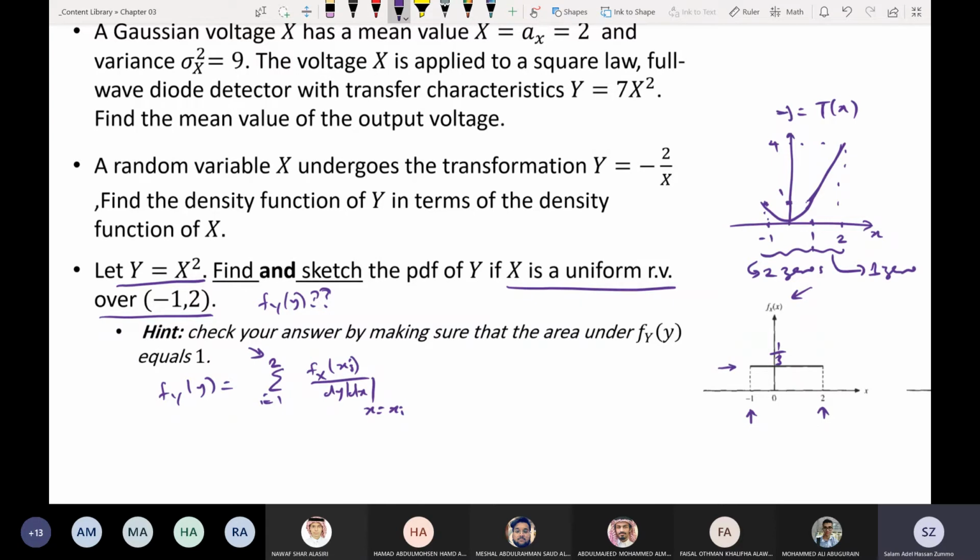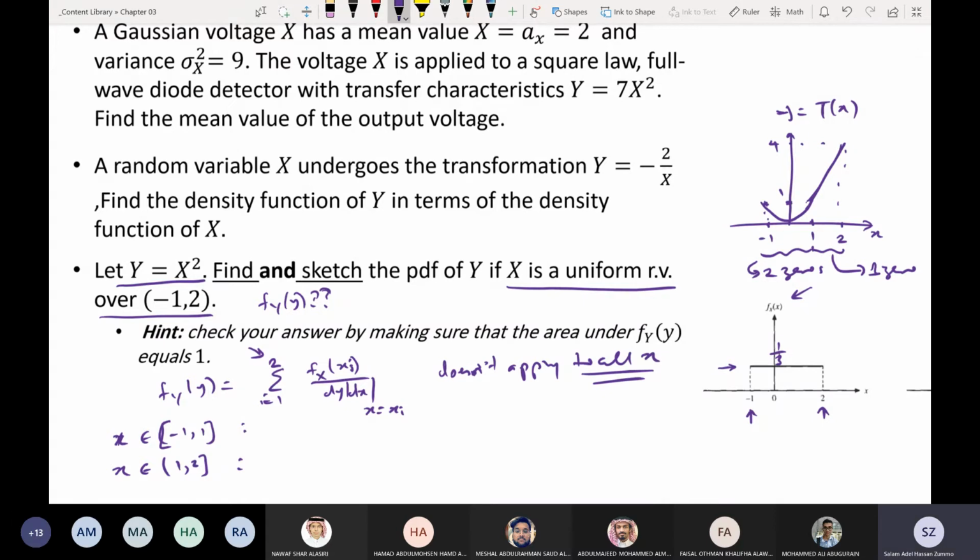So we need to divide the range into 2 ranges: x belongs to -1 to 1, because we have 2 roots here, and x belongs to the rest, 1 to 2. Clear? So this does not apply to all x.